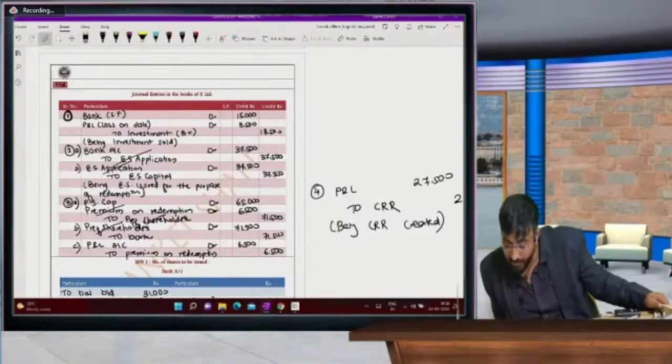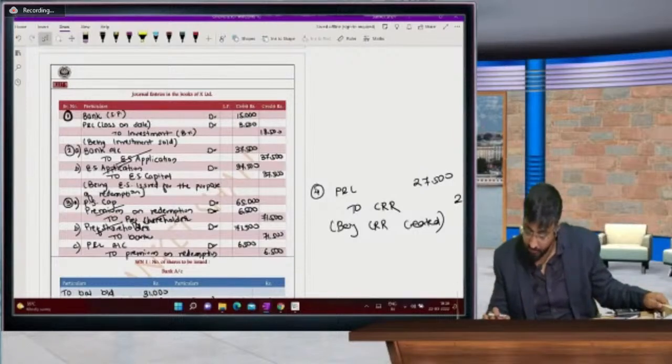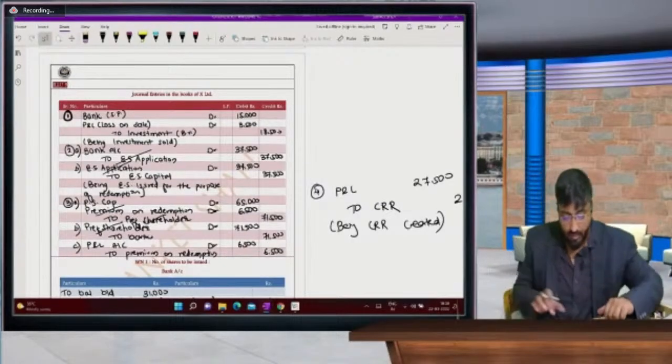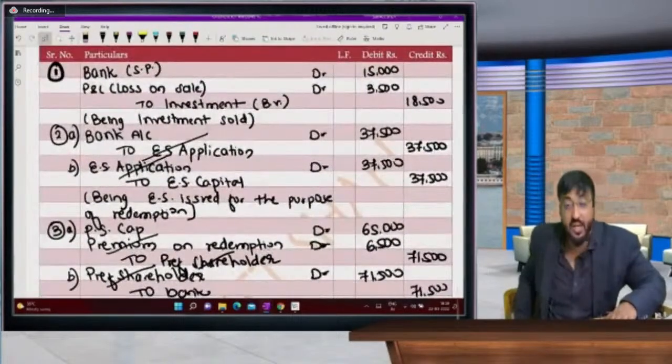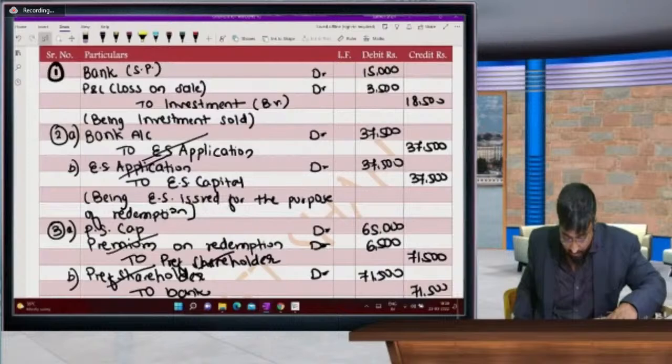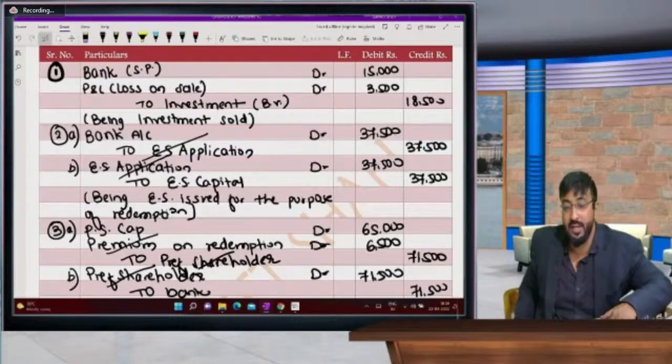No, beta, there is no specific format. Okay, sir, completed. Okay. See, now which are temporary accounts? Equity share application, then premium on redemption, then preference shareholders that we cancelled. Line by line. First entry, bank account debit.